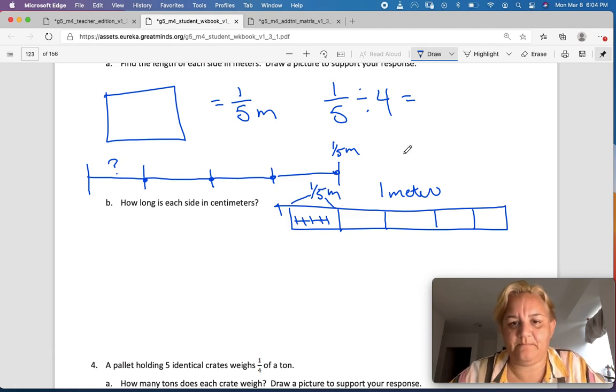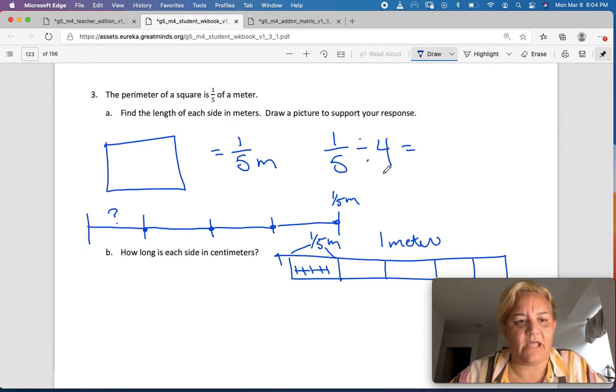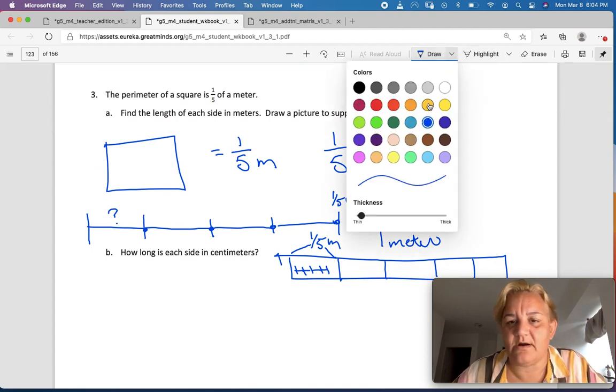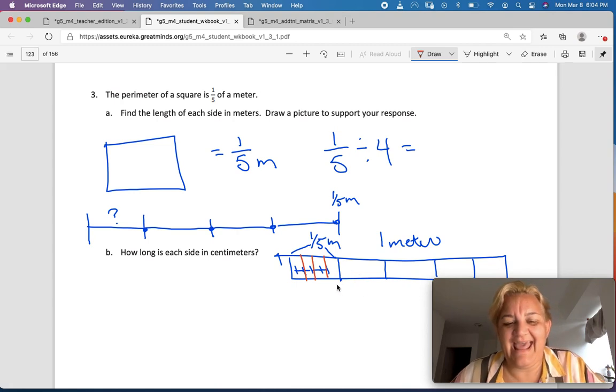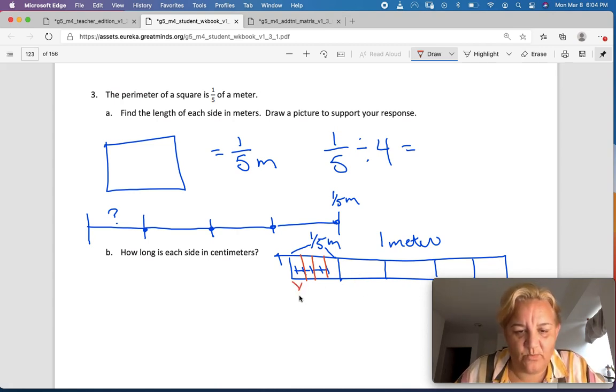Now, I want to find out what 1/5 of a meter is worth. So I'm going to cut that up into 4, 2, 3, 4, right? That's each of my sections, 1, 2, 3, 4. And I want to know what one of those would be. Okay, so find the length of each side in meters. So what would this be? Well, if I did that to this, I'd have to do that to that.